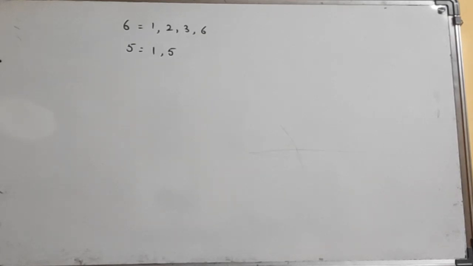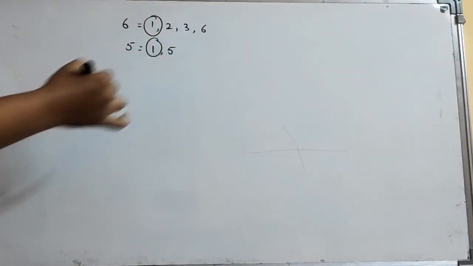So if you look at the two numbers, we'll see the common factors between them. Which are the common factors between them? The only common factor between them is 1.